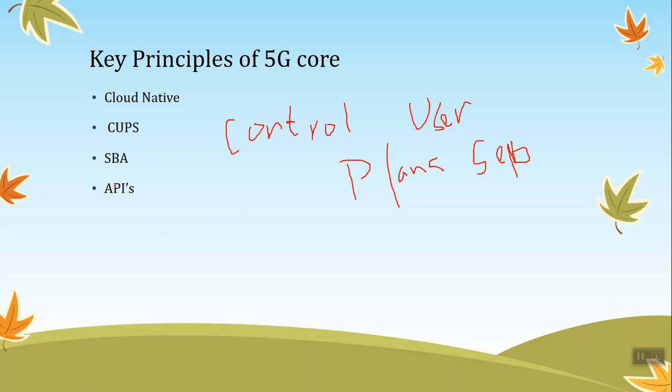Since we are using the service-based architecture, it will be bound to application programming interfaces called APIs. So when any service wants to communicate with some other service, say service A is communicating with service B, service A has to use the API of service B to get connected or get a response from service B.